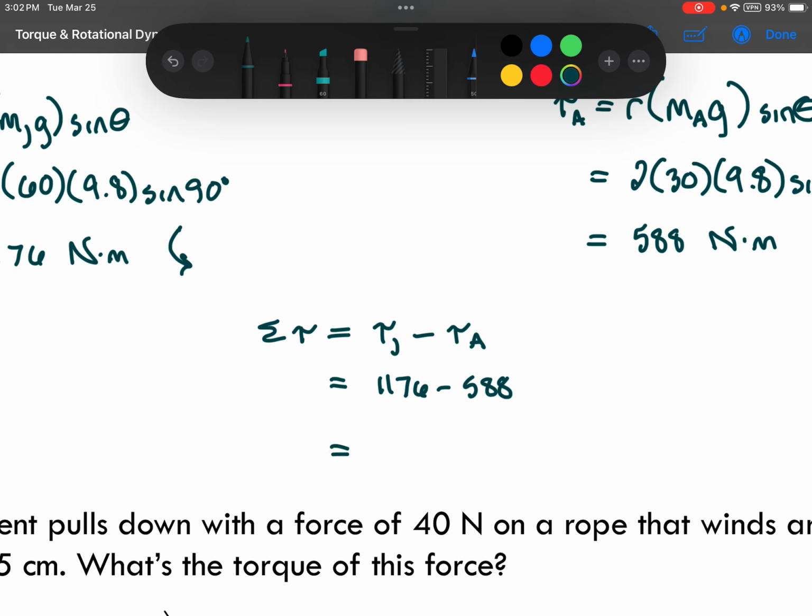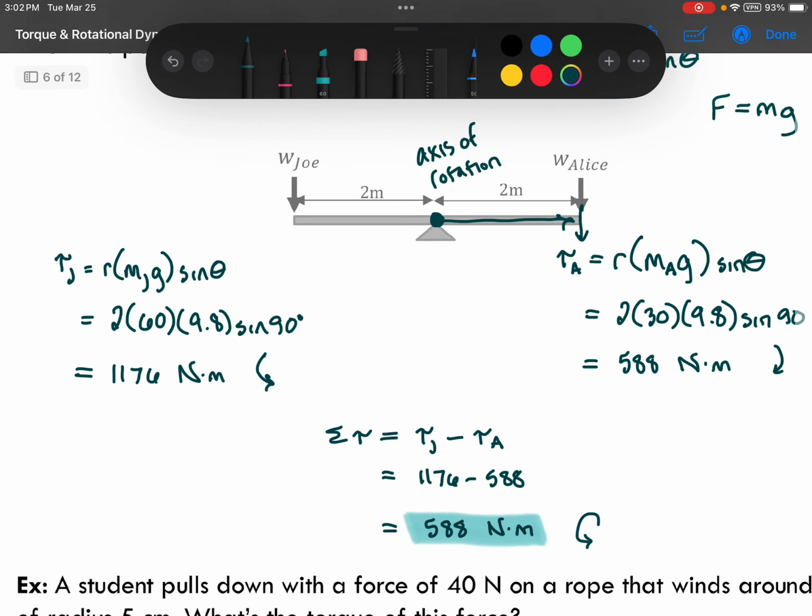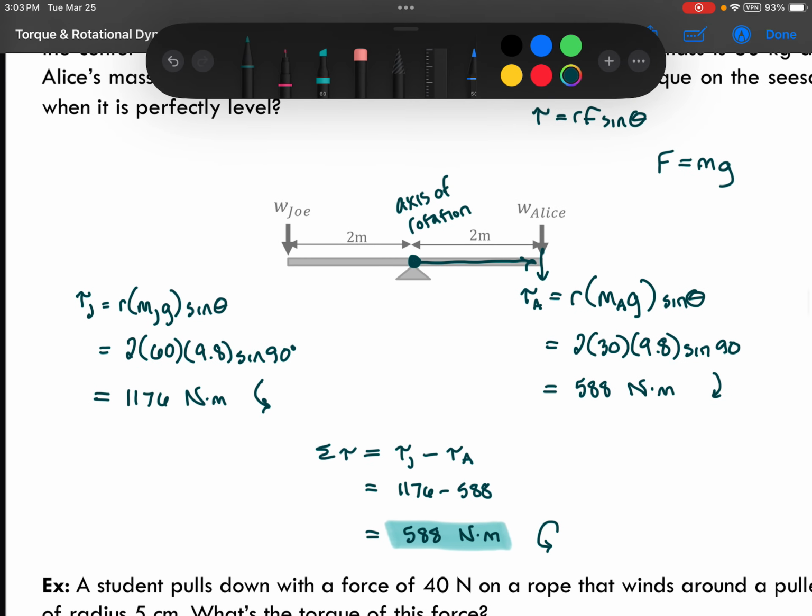And our solution to this is 588 newton meters. That is the net torque on the seesaw. And then because we get a positive number here, that tells us the direction of the net torque is also in the counterclockwise direction. And so we do have this unbalanced torque going here.